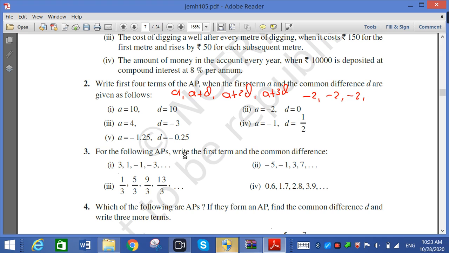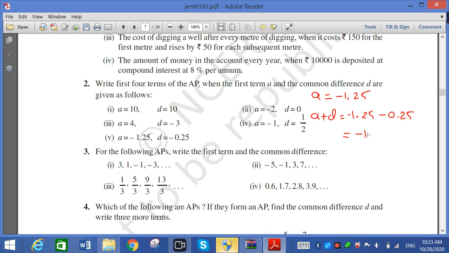Now 1 is point, decimal point. Let's discuss that too. Here a is minus 1.25. Now a plus d, that is the second term. So 1 minus 1.25 is minus 0.25. So minus minus plus.